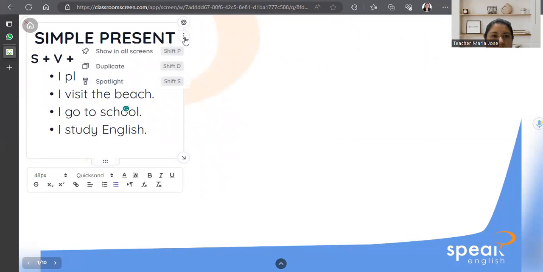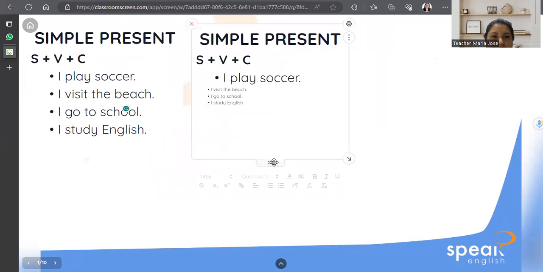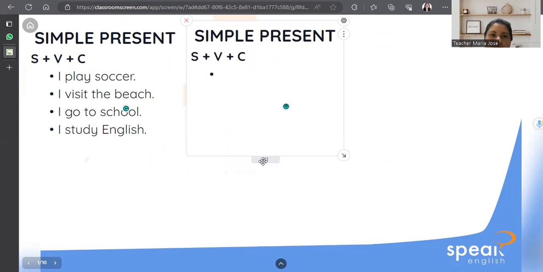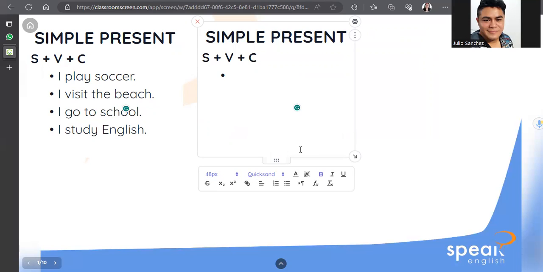What about the structure that we use for the negative? What is the structure that I use? Let me see. Julio, what is the structure for the negative? Subject plus don't.